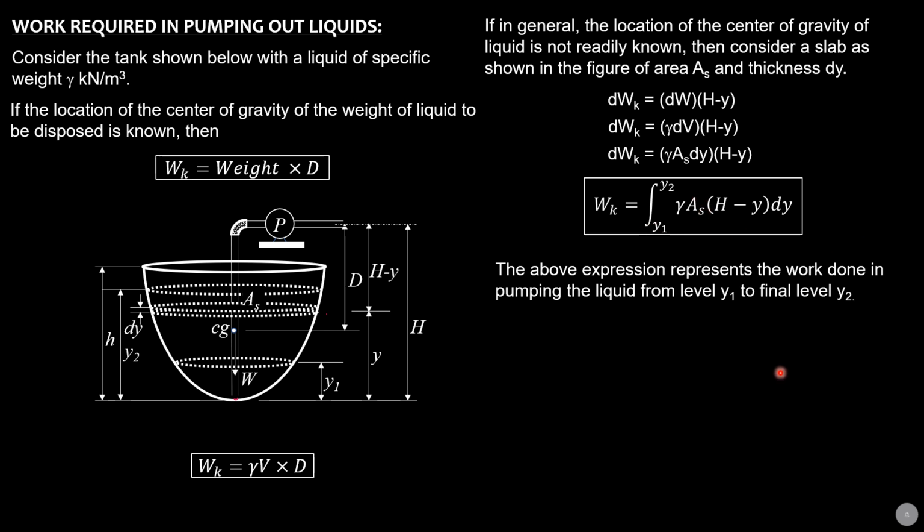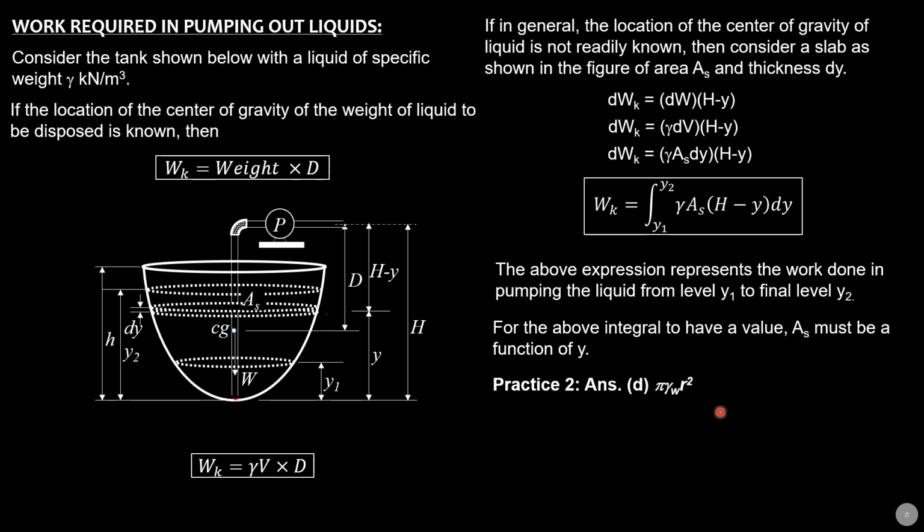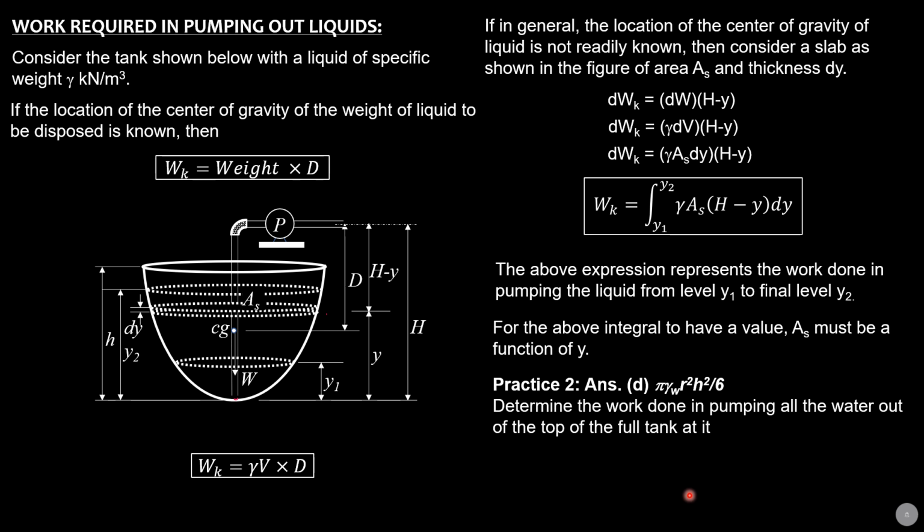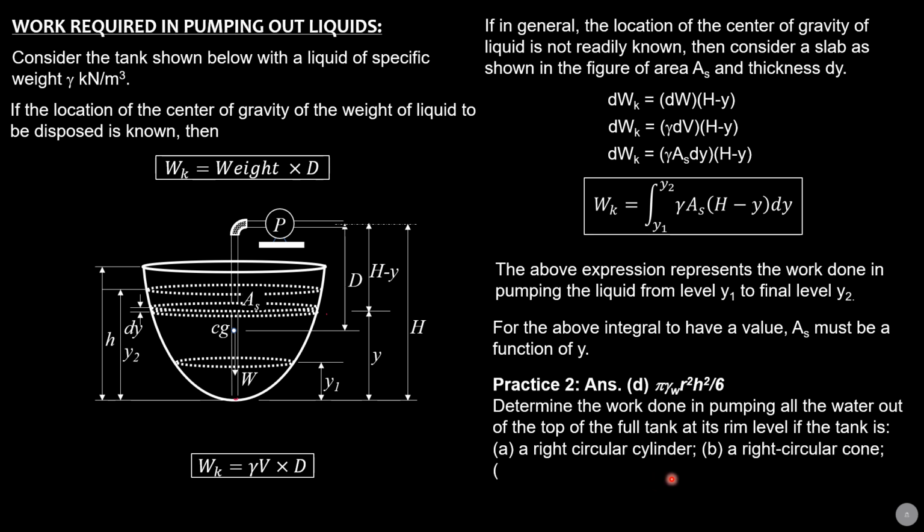And you have to do this second practice problem. I provided you with the answer so that you will be inspired to solve this problem. So practice, and these are the answers. Determine the work done in pumping all the water out of the top of the full tank at its stream level if the tank is a right circular cylinder, a right circular cone, a hemisphere, or a paraboloid of revolution.